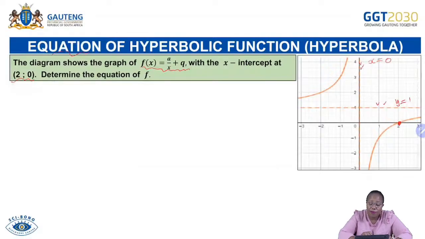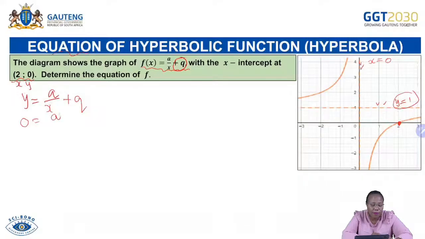Okay, so now from the original equation here, we have the value of q already, which is 1. This graph is cutting at 1. And then we have a point here, which is our x and y. So now we take our equation, y is equal to a over x plus q. Then we substitute the x and y value. Y is 0.